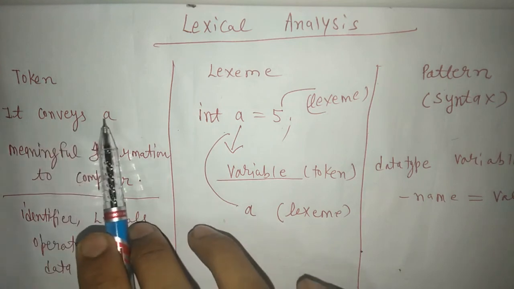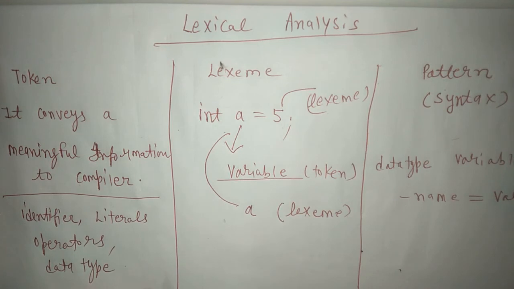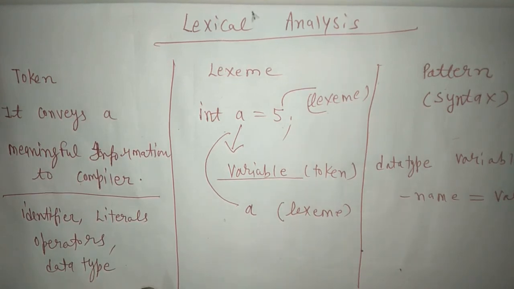The compiler tries to find whether it is an identifier, a literal, or a data type. So there are certain types of tokens which convey special meaning to the compiler, so that it can differentiate between those words.